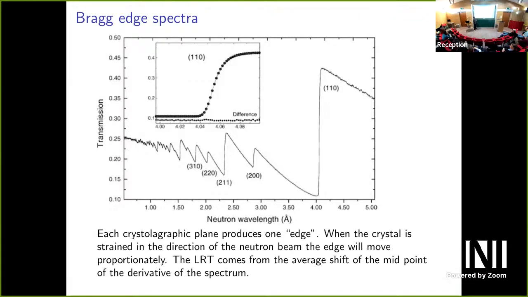So what happens is that the crystals have certain crystallographic planes, and neutrons are Bragg scattered just as though they were waves. But there comes a point where you're doing the sine inverse of something that's bigger than 1, and then suddenly there are no neutrons scattered in that direction. So you change direction. What you see is suddenly a drop off in the number of neutrons, because it's gone over that Bragg position.